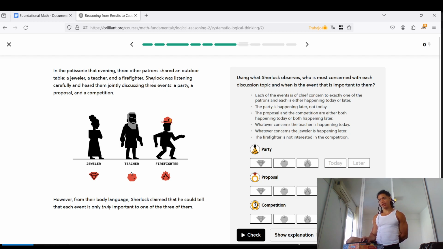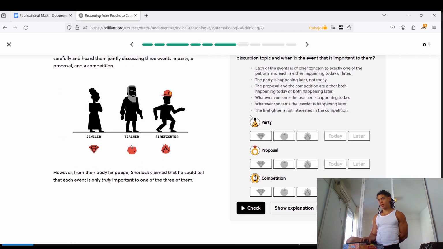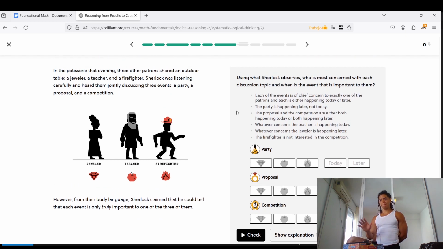So using what Sherlock observed, who is the most concerned with each discussion topic, and when is the event that is important to them? I will leave that right now like this.